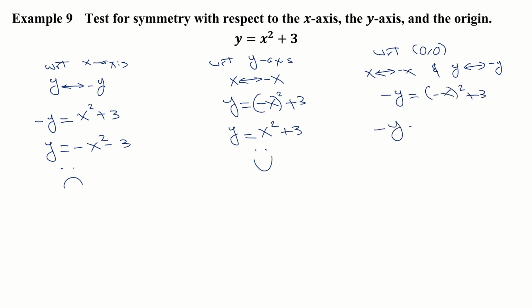So we get negative y equals x squared plus 3. So y equals negative x squared minus 3. So once again, we did not get back to the original equation. So there is no symmetry with respect to the origin. So this equation will lead to a graph that is only symmetric with respect to the y-axis, because that was the only test that passed, okay?